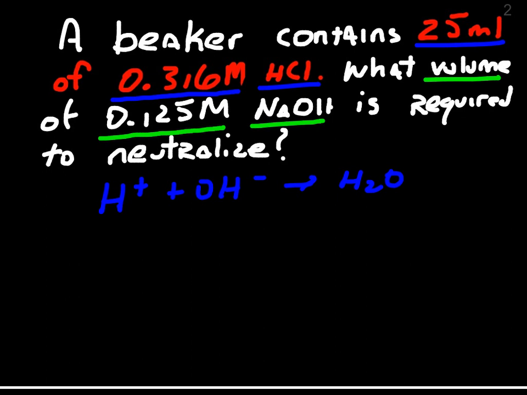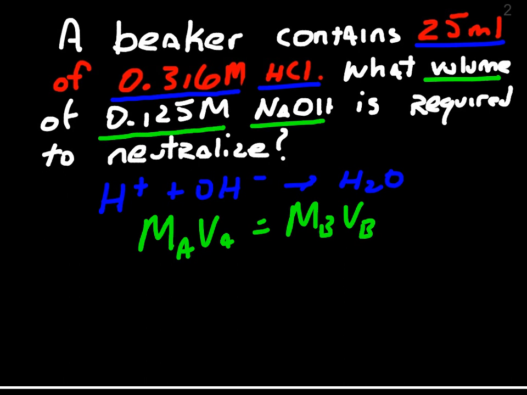So what I want to do is use this equation first. Molarity of acid times volume of the acid equals molarity of the base times volume of the base. So the molarity of the acid is 0.316 molar.